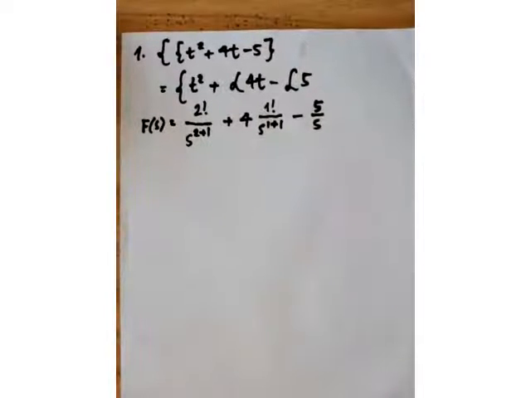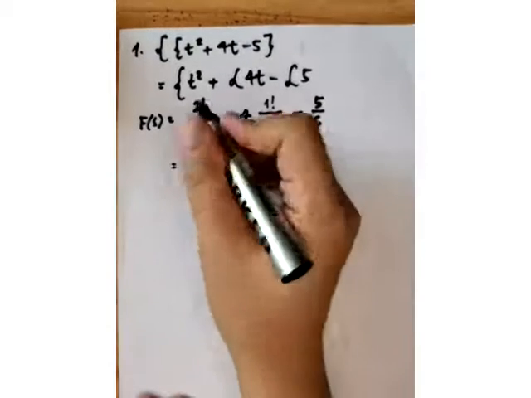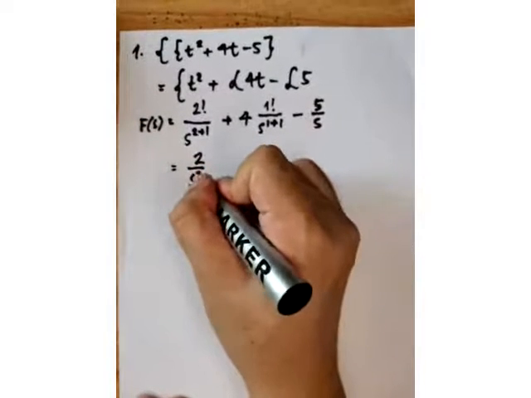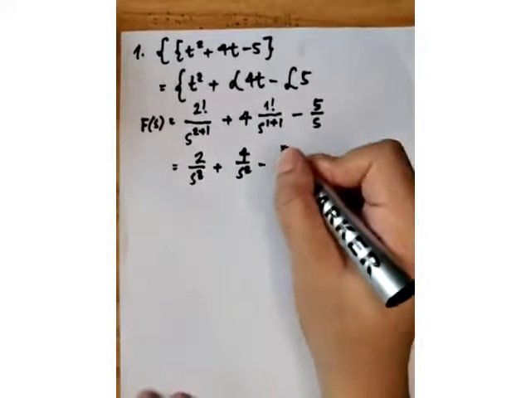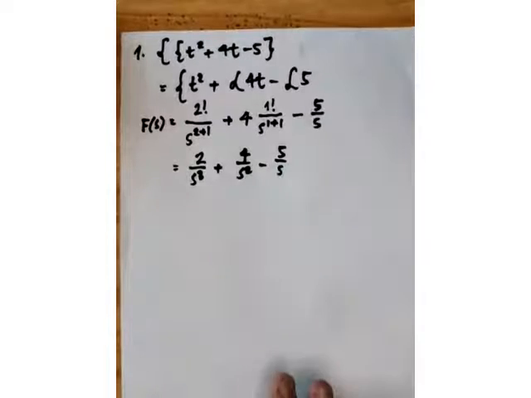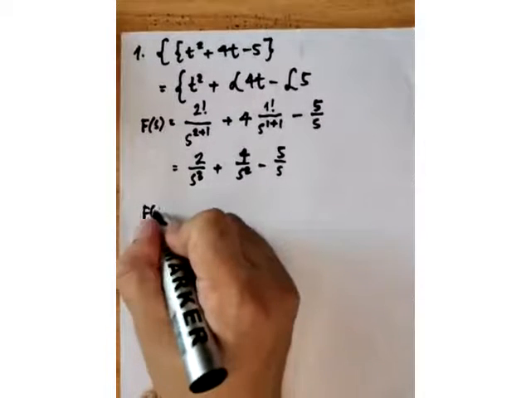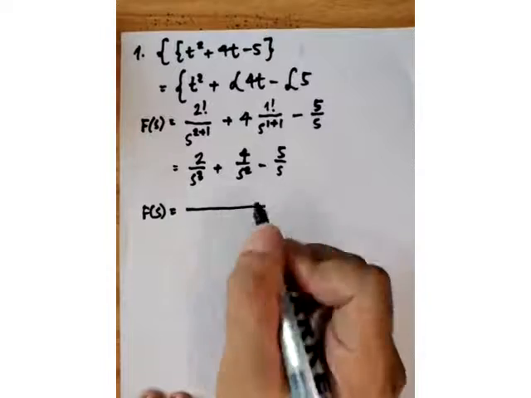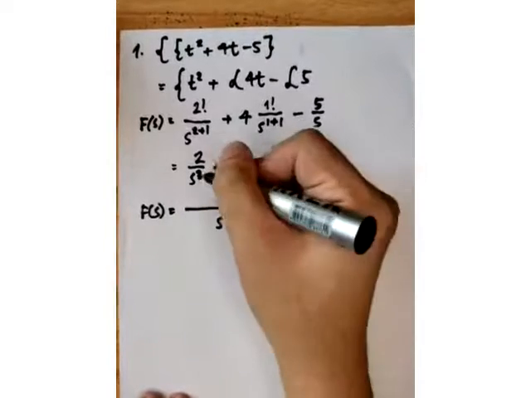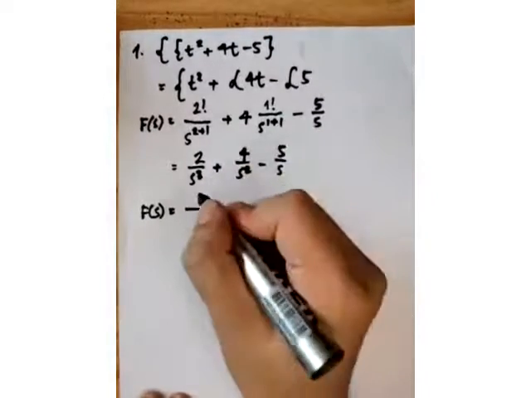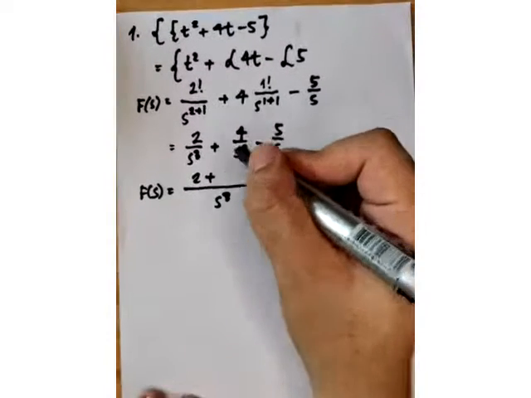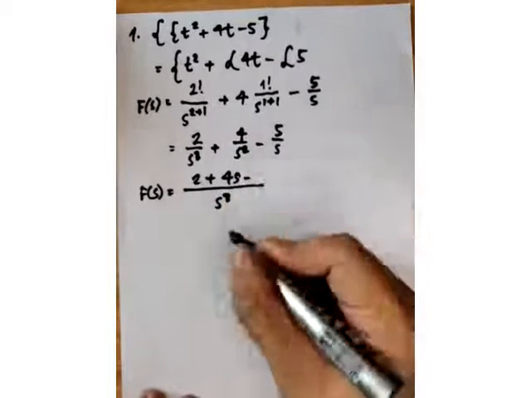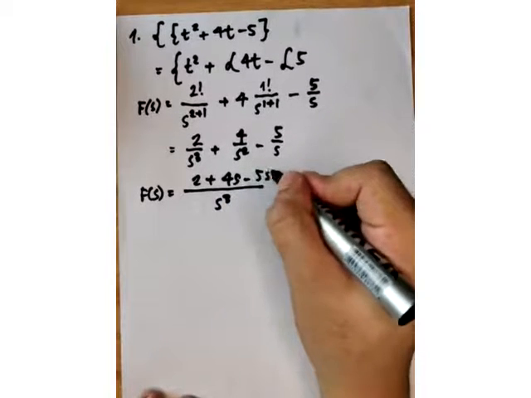Okay? And then we will just simplify. So that will be 2 over s cubed plus 4 over s squared minus 5 over s. Normally, ang ginagawa is, i-add natin yung mga fractions. So ang LCD is s cubed. So we have 2 plus 4s minus 5s squared over s cubed.